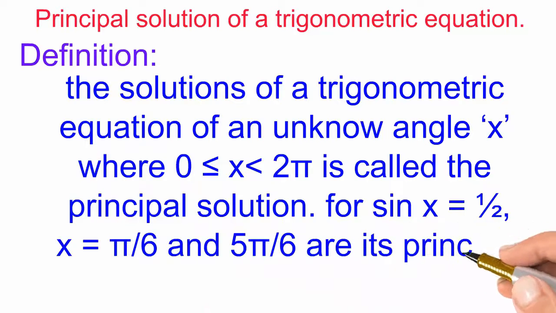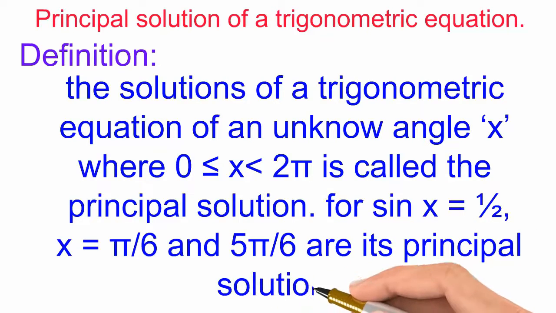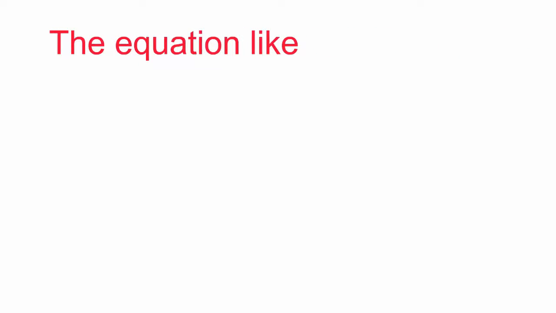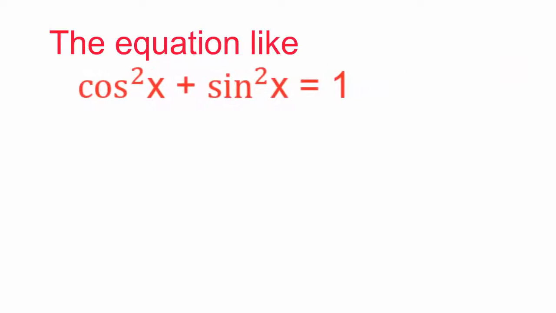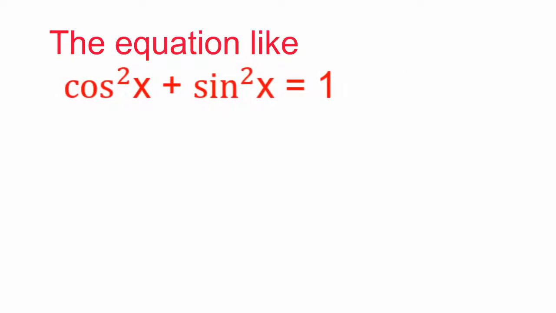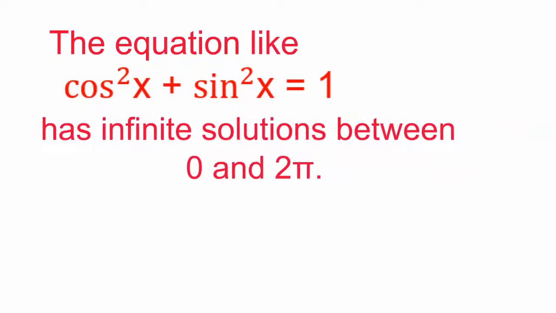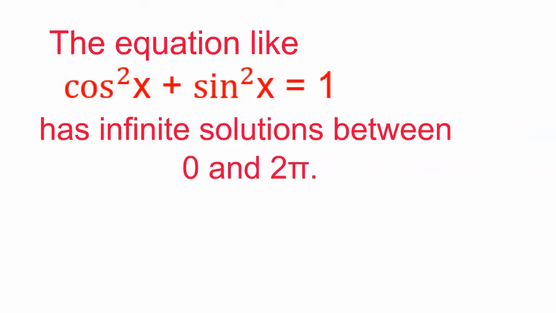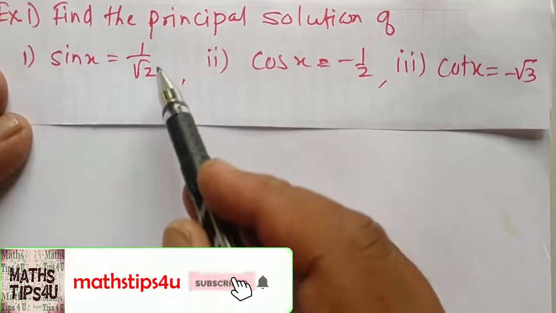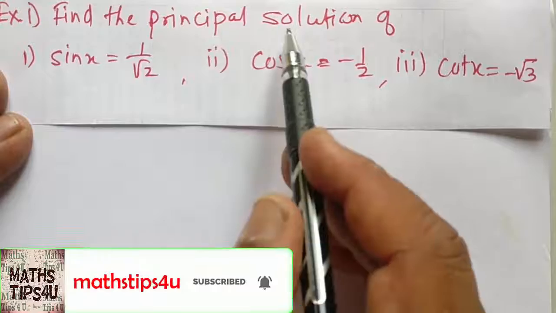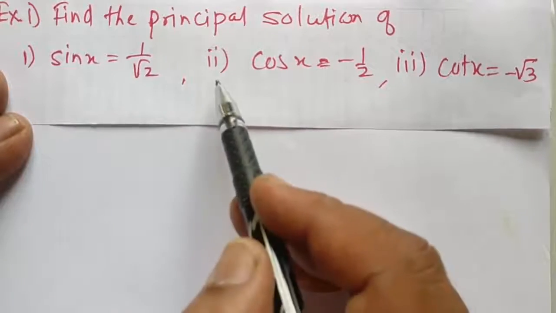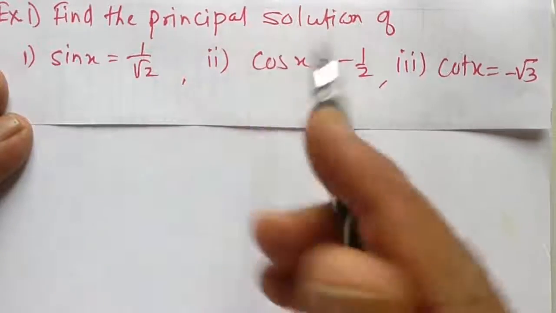For sin x is equal to 1/2, x is equal to pi by 6 and 5 pi by 6 are its principal solutions. An equation like cos square x plus sin square x is equal to 1 has infinite solutions between 0 and 2 pi. We shall see how to find the principal solution of trigonometric equations with a couple of examples.